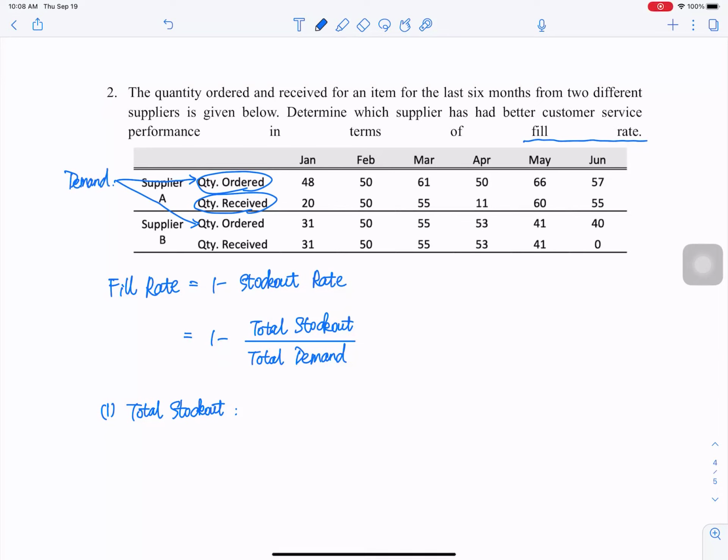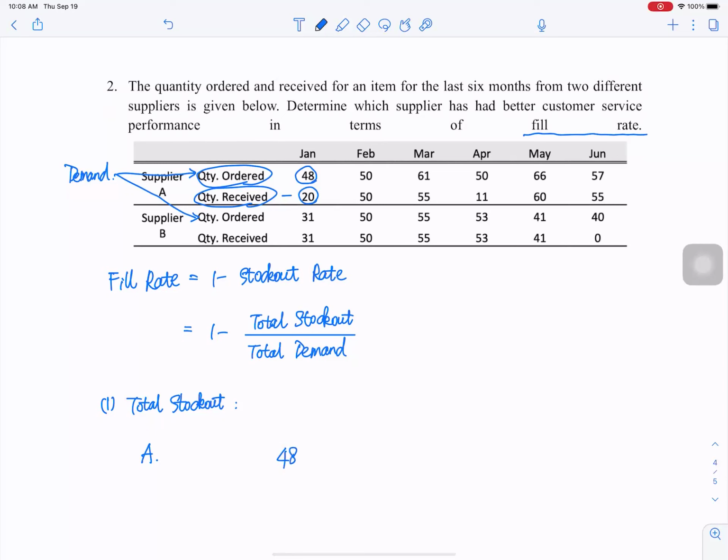So if we want to calculate the stock out, we need to use the quantity ordered minus quantity received. Then in this way, for supplier A, for each month, we can calculate the stock out.